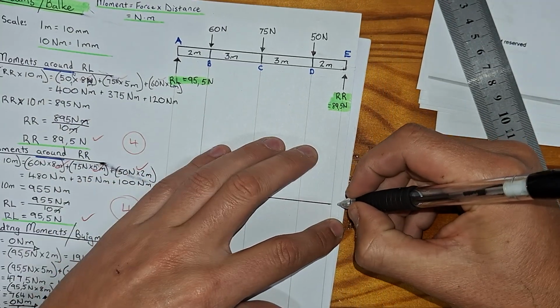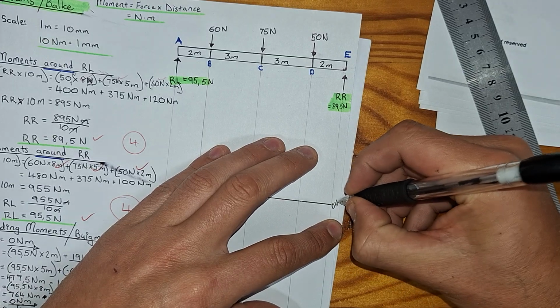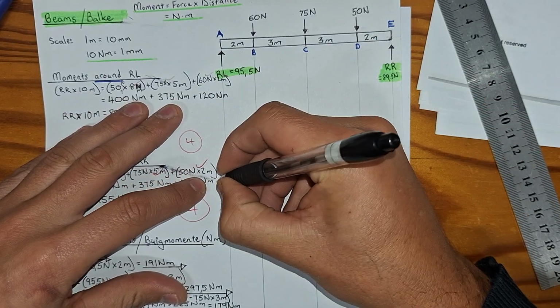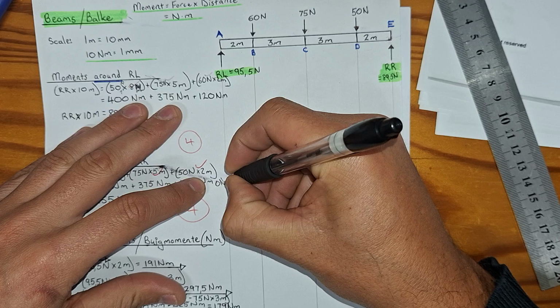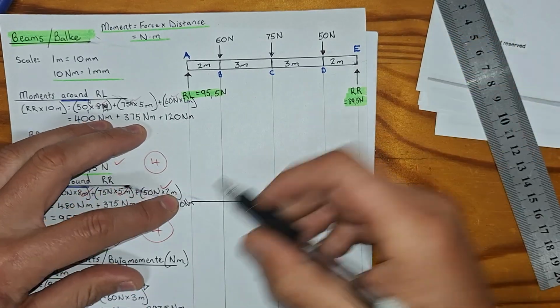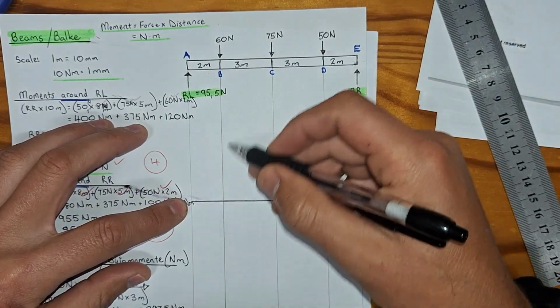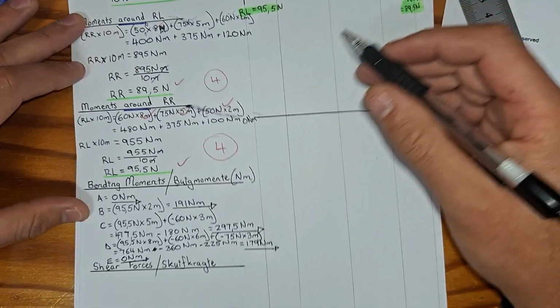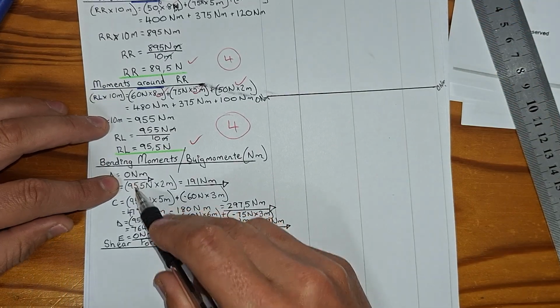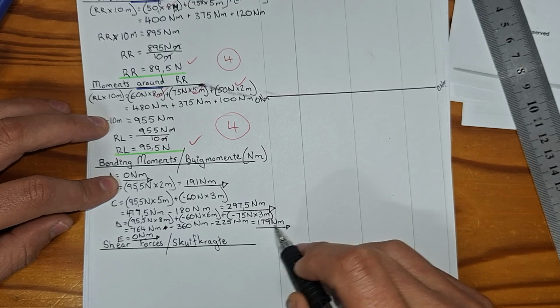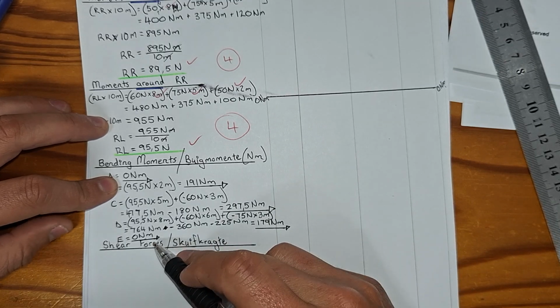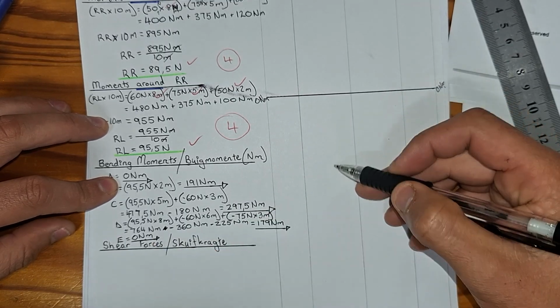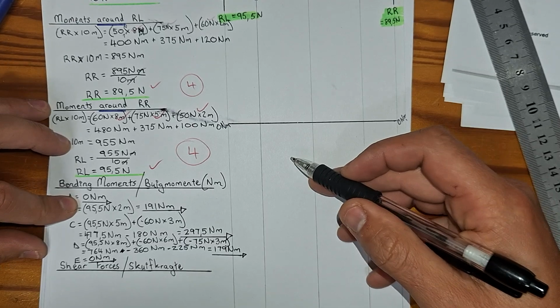Start by labeling it over here 0 newton meters on the right hand side, and on the left side 0 newton meters. So now from here, everything will be going up. The bending moment will always be positive. So you can have a look here from 0 newton meters, it's positive, positive, positive, positive, well, 0. So nothing will be below the 0 newton meter line.